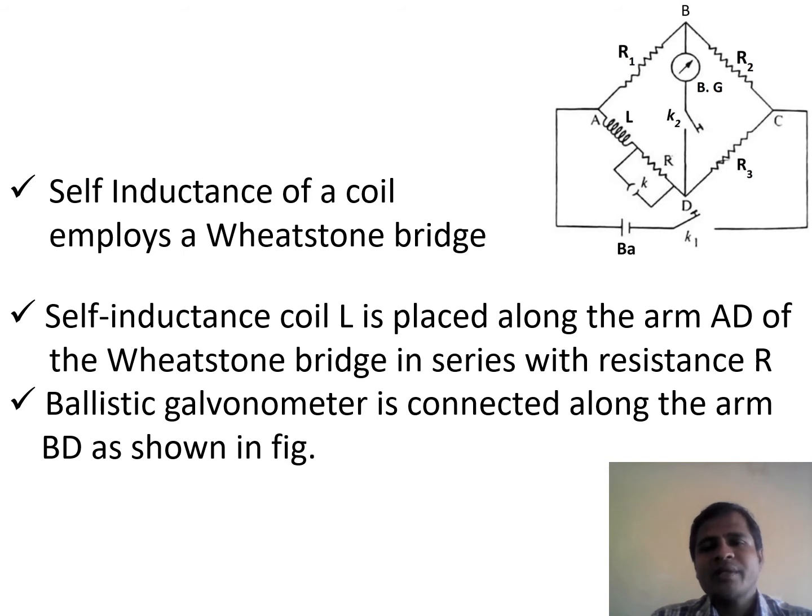Now coming to the connections on the circuit diagram, the coil L is placed along the arm AD of the Wheatstone bridge in series with the resistance capital R. The ballistic galvanometer is connected along the arm BD as shown in the circuit diagram.